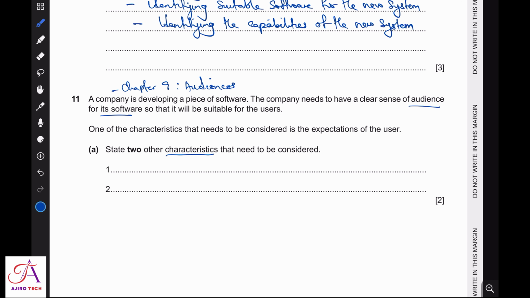So you also have to look at the age of the target group that you are developing the software for. Okay, so when you're giving a presentation, you need to consider these factors. You have to look at the age of the target group. You have to look at the experience of the audience.